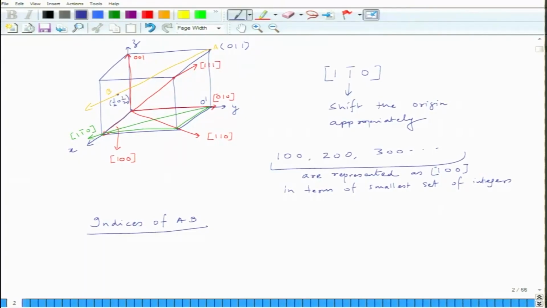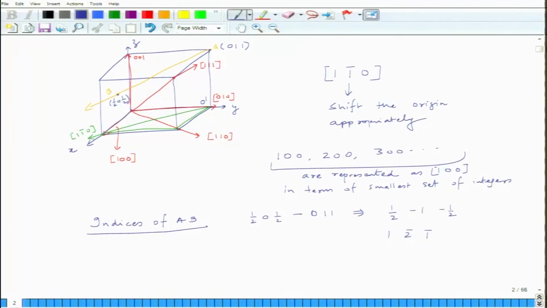So one way to determine the direction is half 0 half minus 0 1 1. So what do you get at the end? Basically half, minus 1, minus half. So this is nothing but 1 bar 2 bar 1, after multiplying by 2.